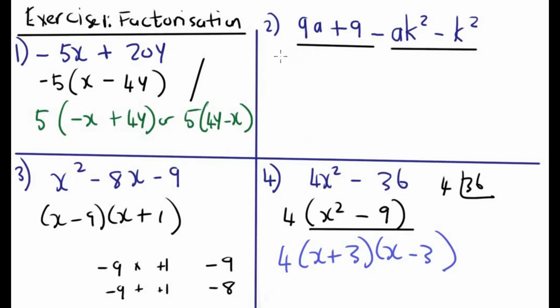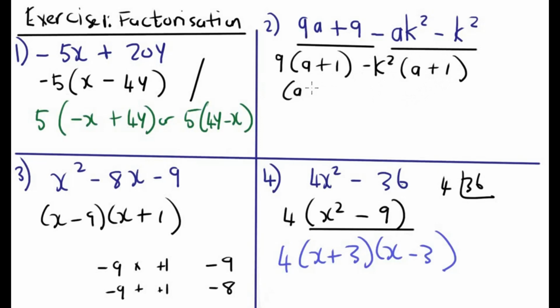So if I take out 9 as a common factor here, I'm left with a plus 1. And if I take out minus k squared over here, I'm left with a plus 1 as well, because negative a squared divided by negative k squared gives me a, and then k squared divided by negative k squared just gives me positive 1, and negative divided by negative is a positive.